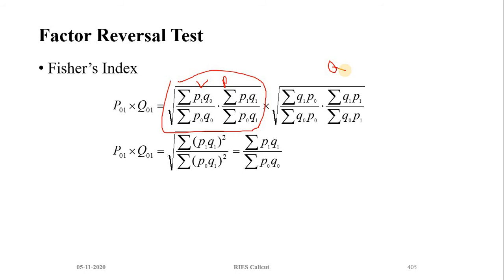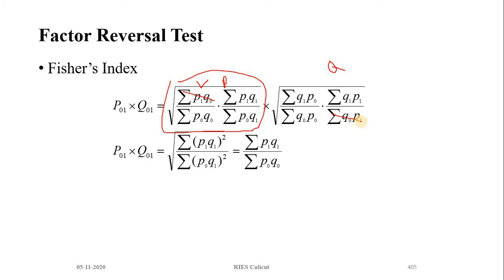If I multiply these two equations, many terms will be cancelled out. Sigma P1 Q0 is there, and sigma P1 Q0 is also here.